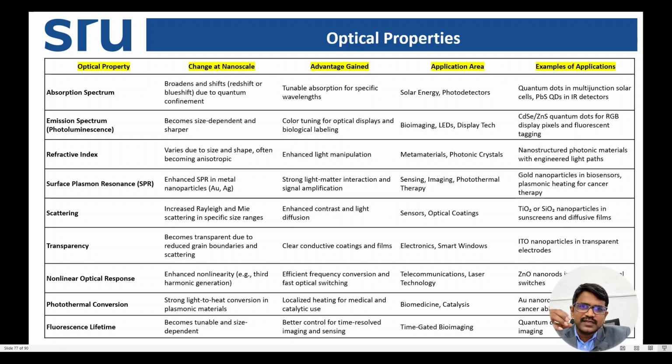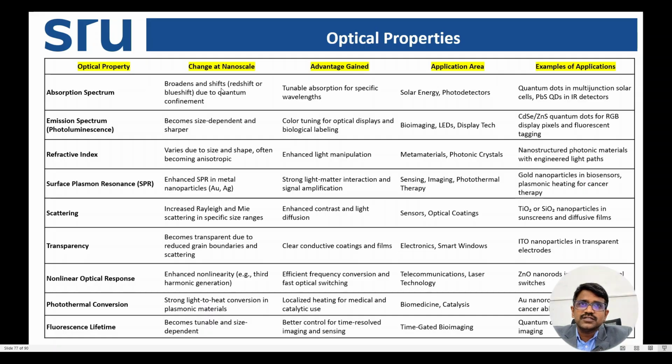Some materials can absorb only UV light, some only visible light, and some can absorb both UV and visible light. Our intention is to capture as much sunlight as possible. Okay, maximum sunlight absorption. For that purpose, we need to tune the band gap to be suitable to absorb more sunlight.